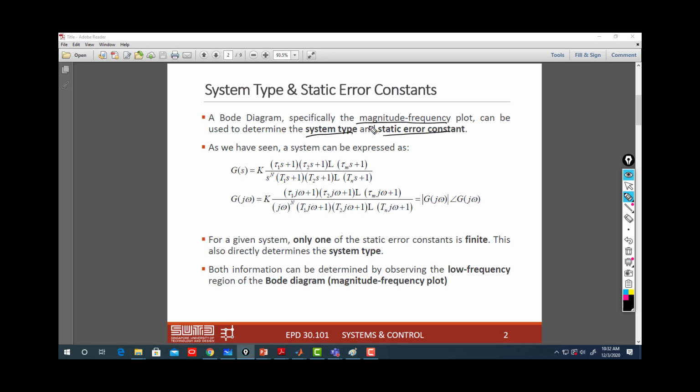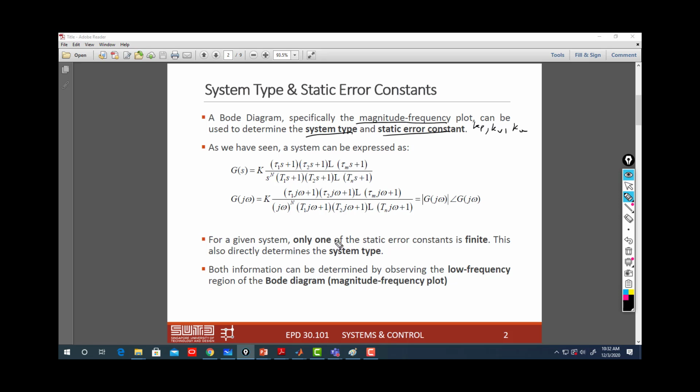So by looking at the magnitude frequency plot, you can tell me the system type, is it type 0, type 1, type 2 or more, and the static error constant. You remember Kp, Kv and Ka for system type 0, type 1 and type 2. You can find them by looking at the Bode diagram.